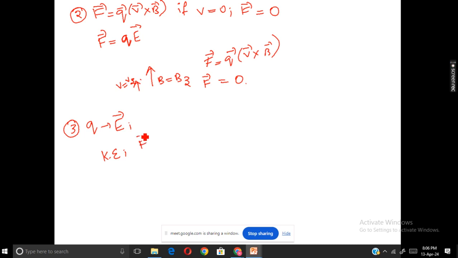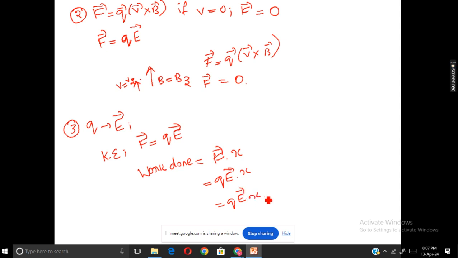So initially the force that was exerted on the charge was F is equal to qE. Now the charge started moving, so the work done is given by force into displacement, which is x. So it is qE times x, qEx.